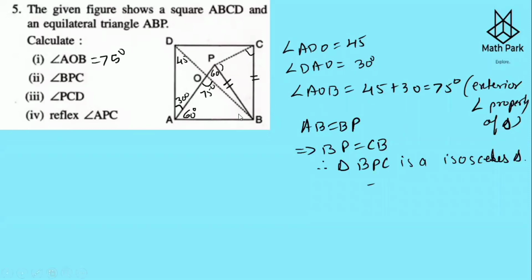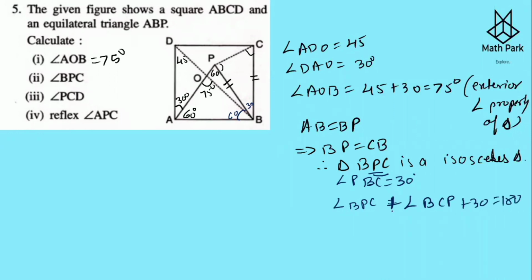Now we have each angle of equilateral triangle is 60. So since this is a square, we get this angle B as 30 degrees. That is, we have angle PBC is equal to 30 degrees. And then using the angle sum property for triangle BPC, we get angle BPC plus angle BCP plus 30 is equal to 180.